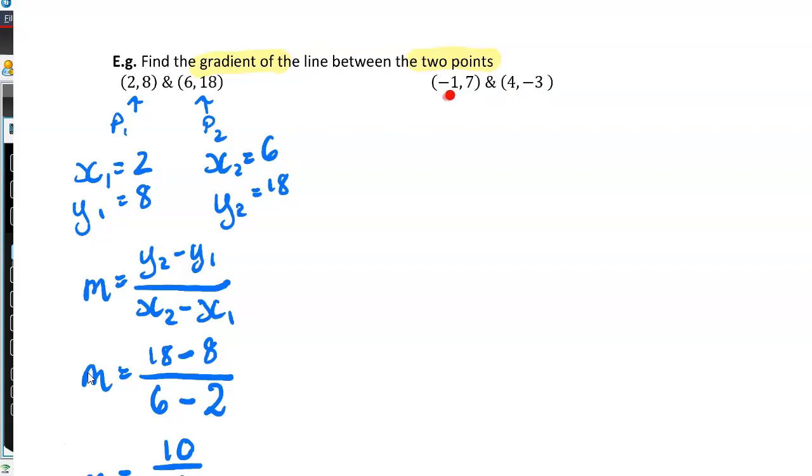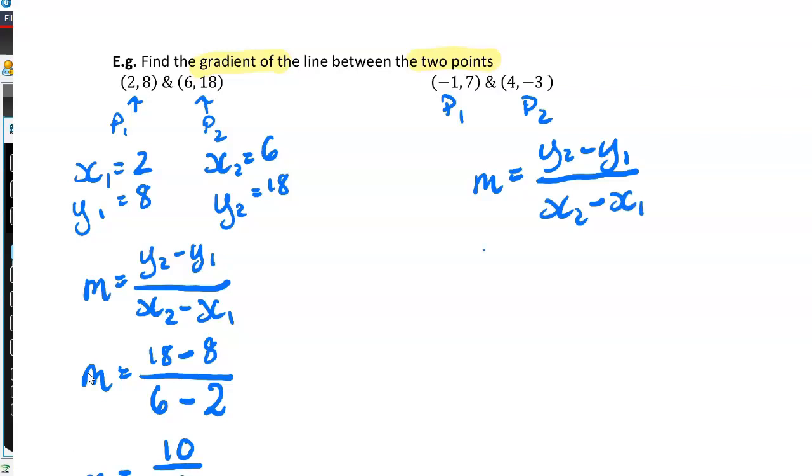Okay, so here I've got another set of points, (-1, 7) and (4, -3). Now again, I'll look at these. That's the lower x value, so I'll have that as my point 1, and that as point 2. So m equals y2 minus y1 over x2 minus x1. M equals -3 minus 7 over 4 minus -1.